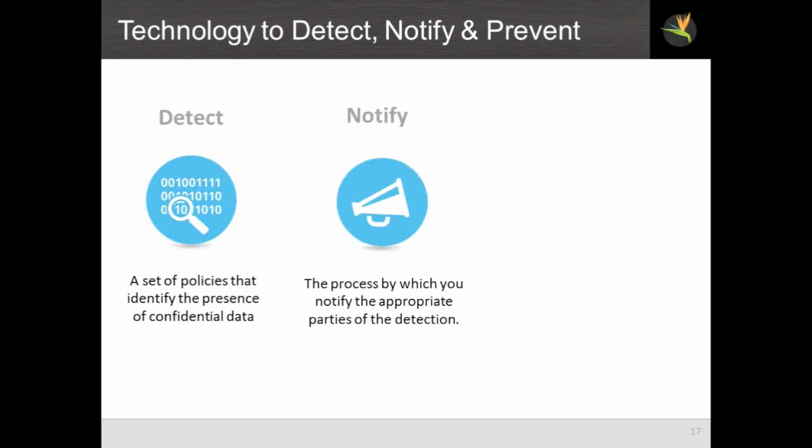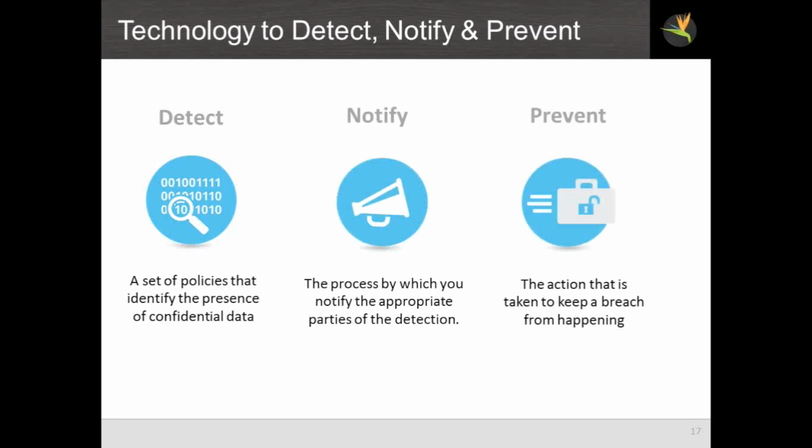Notification: when we detect confidential data, we need a process to notify the appropriate people that the detection has taken place. And finally, prevention is an action that we take to keep a breach from actually happening. It's important to note that those two things often go together; they're not mutually exclusive. If we take an action to prevent a data breach, then we probably need to notify somebody that this happened.